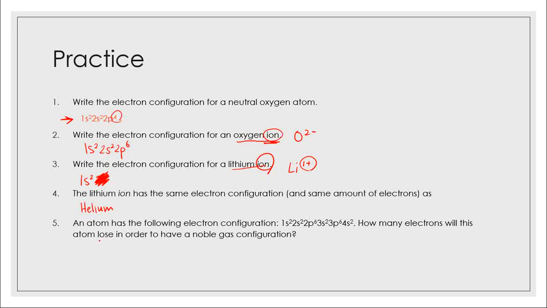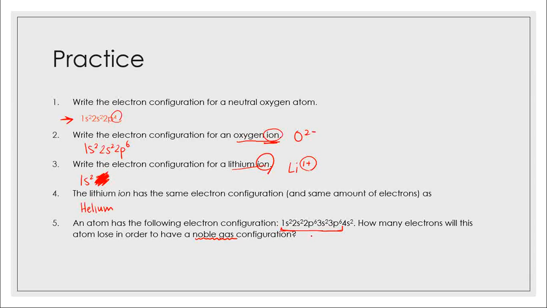An atom has the following electron configuration. How many electrons will this atom lose in order to have a noble gas configuration? Meaning the configuration that's the same as a noble gas. Well, where would a noble gas stop? It would stop right here, right? At a 3p6.